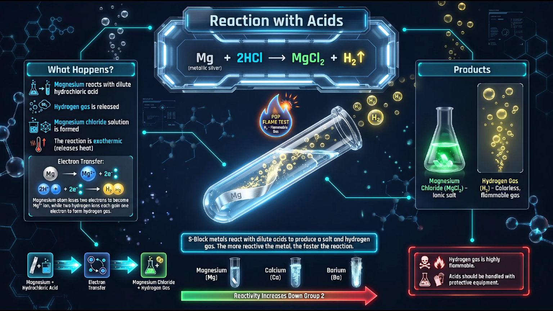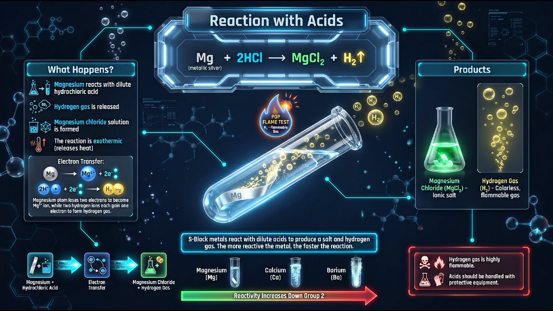At the same time, the hydrogen ions present in the acid gain these electrons. The reduction half reaction is 2H⁺ + 2e⁻ → H₂. 2 hydrogen ions each gain 1 electron and combine to form a hydrogen molecule. Since hydrogen ions gain electrons, they are reduced.